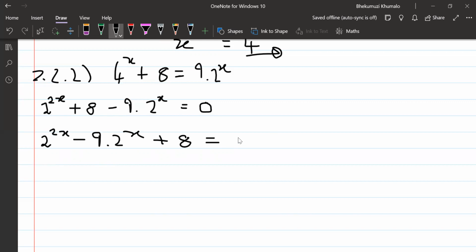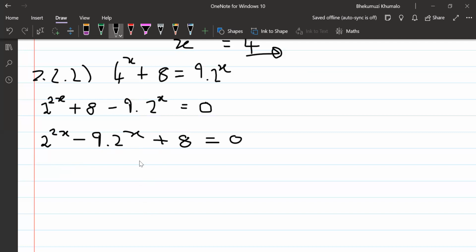Now there are two ways you could do this. If you're not very comfortable with the form it is in, you could use the K method, or you could just factorize it as is if you are able to see what the factors would be. I think most people would get confused with this one, but the more difficult way would be to factorize it as is without using the K method. The idea is that for 2 to the power x, you should think of the entire thing as just a variable.